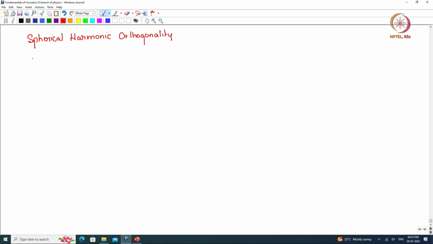Okay, that's given by the integral from 0 to 2 pi d phi, integral from 0 to pi, Y_n^m(theta, phi) times Y_n'^m'(theta, phi) conjugate, sin theta d theta, is equal to delta n n' and delta m m'.